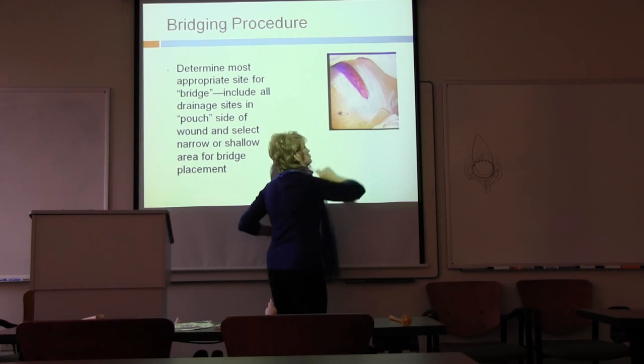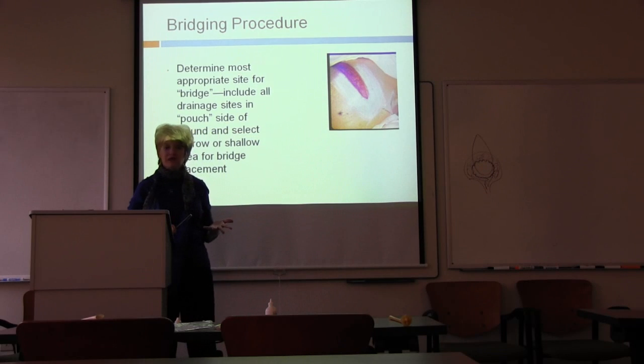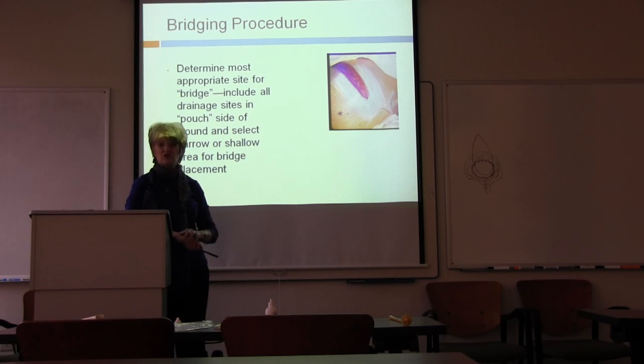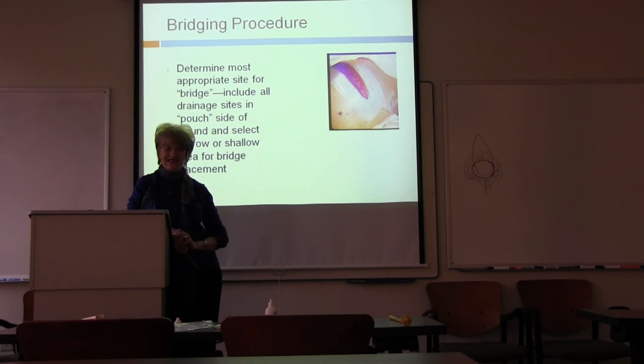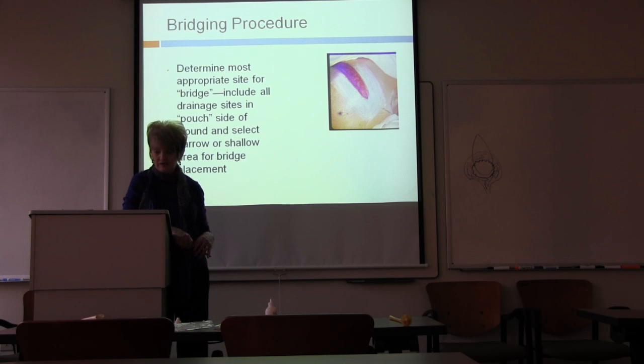The rest of the wound just needed moist wound healing, but that fistula was draining about 600 cc's a day, so she was always wet. And the nurses and the patient were so frustrated because they were changing dressings all the time, changing her gown, changing her linens, and they were like, can't we do anything?